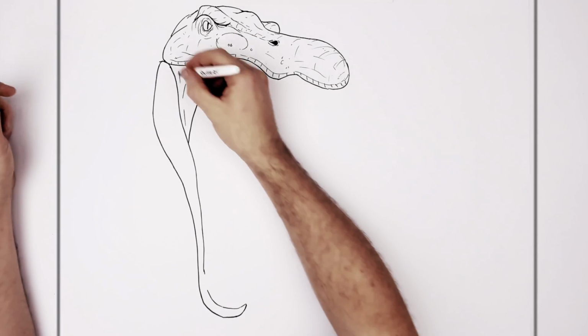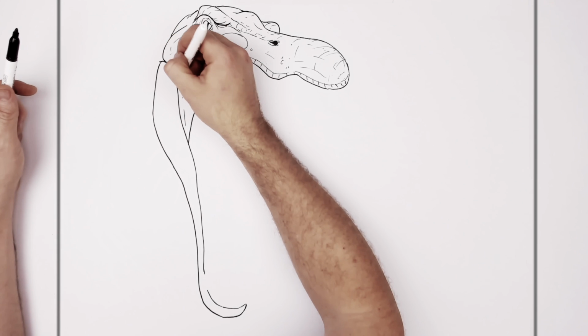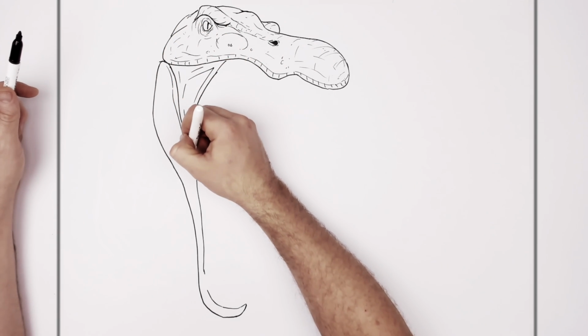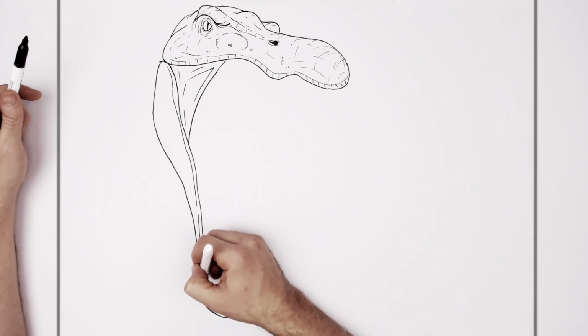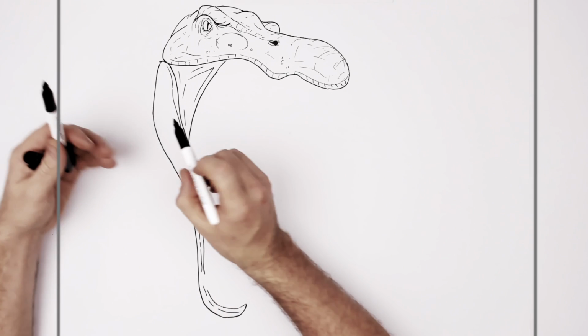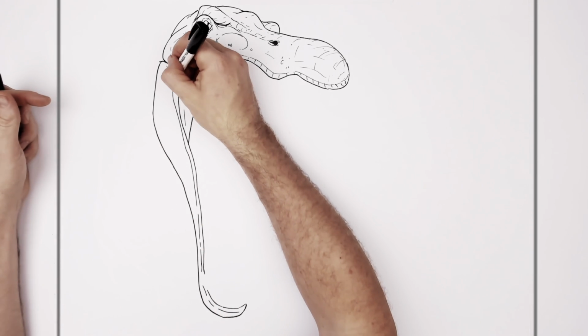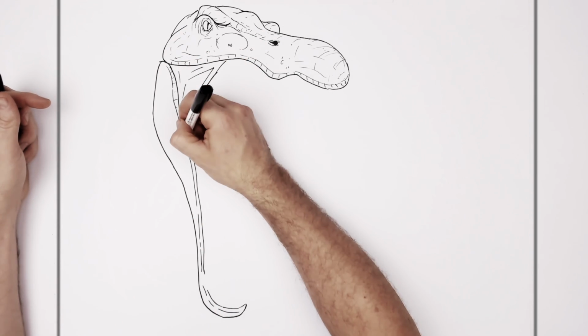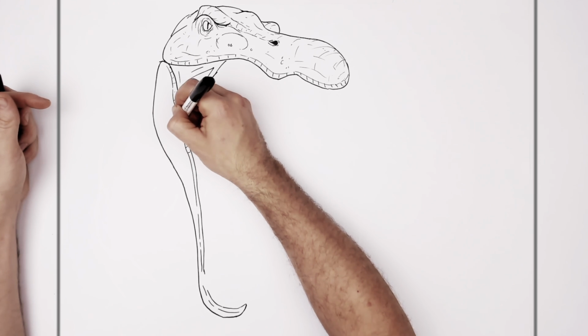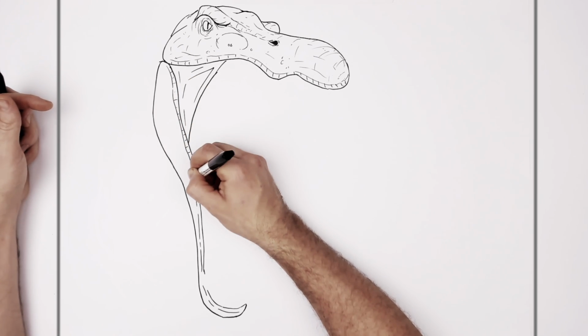I guess we got to start adding teeth and sort of textures again. So he's got another sort of bottom lip line coming down this way, and it'll have bumps on it. Now remember, hit pause if I go too fast.